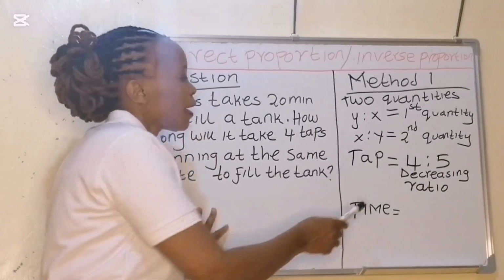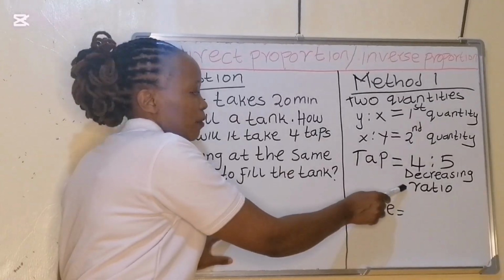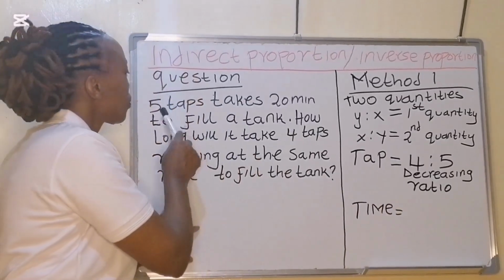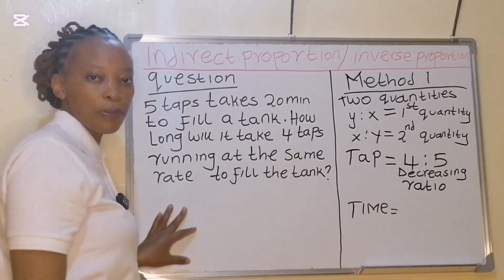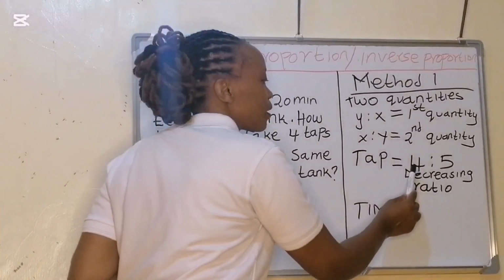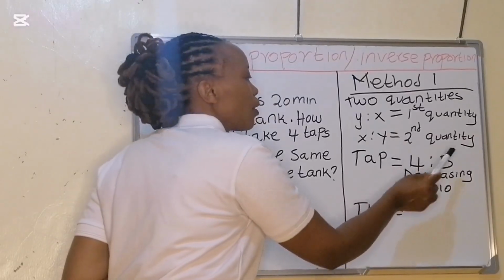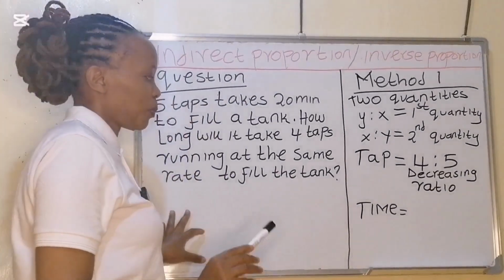So here we have a decreasing ratio, and I have told you why I have written 4 is to 5. This is a decreasing ratio because we are moving from 5 taps to 4 taps. The way we write it, we start with 4 because we start with new, then origin. I hope you are with me up to that point.